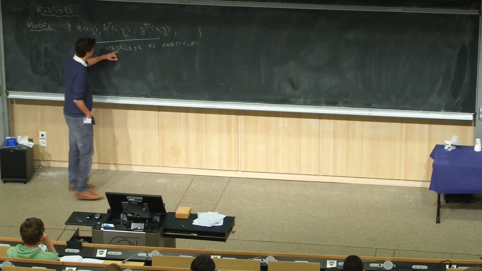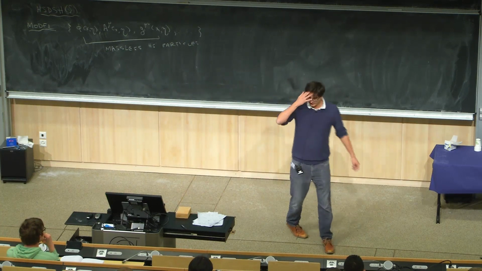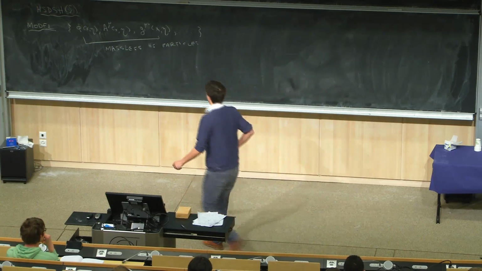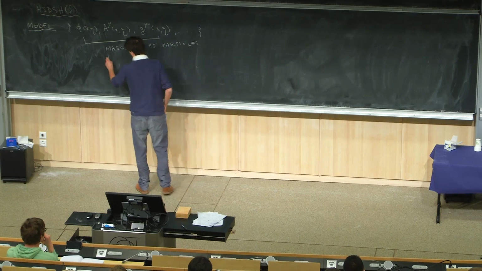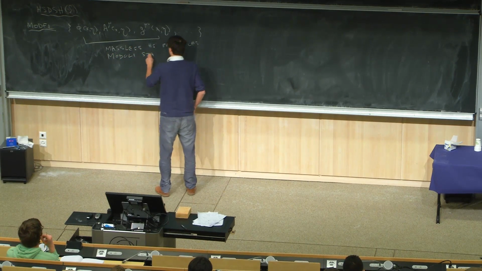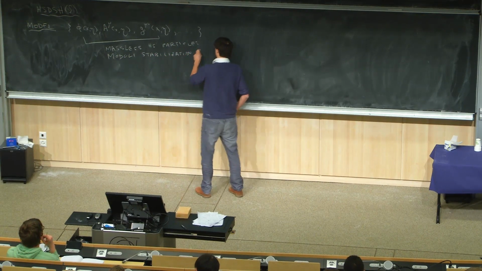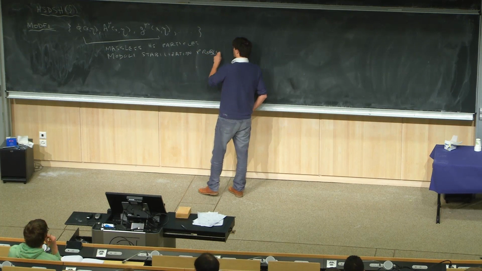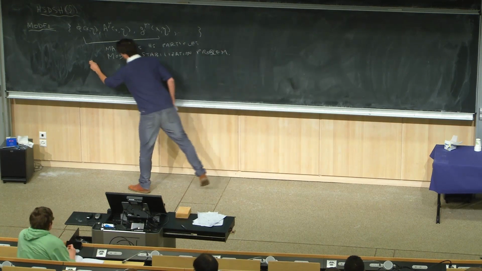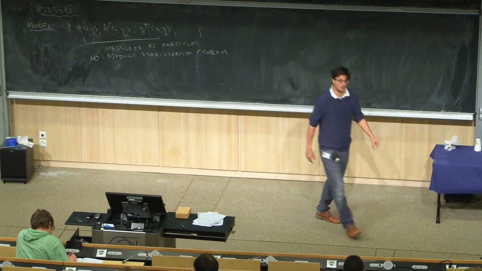So that's the motivation, and it's already good news in the sense that these kinds of models, just to give a word that might be familiar to some people, have no moduli stabilization problem.